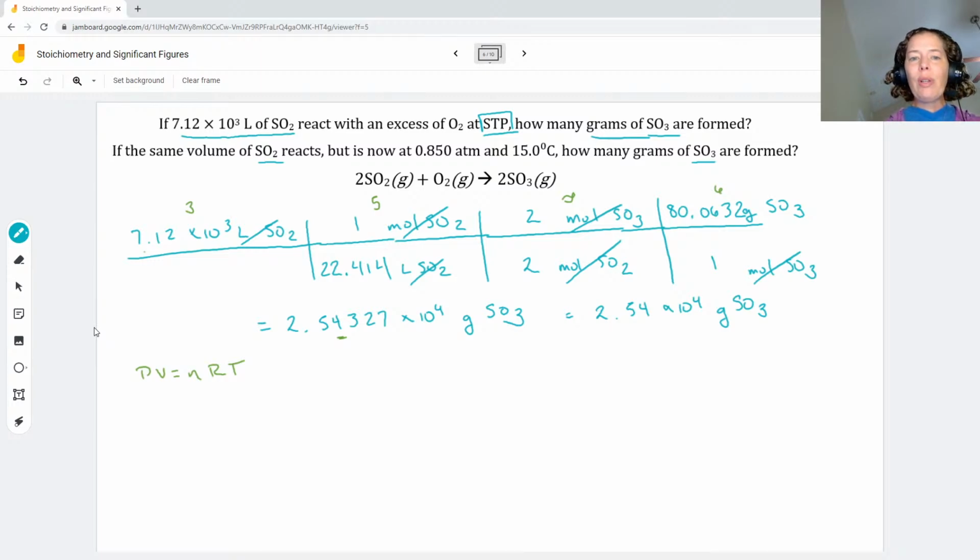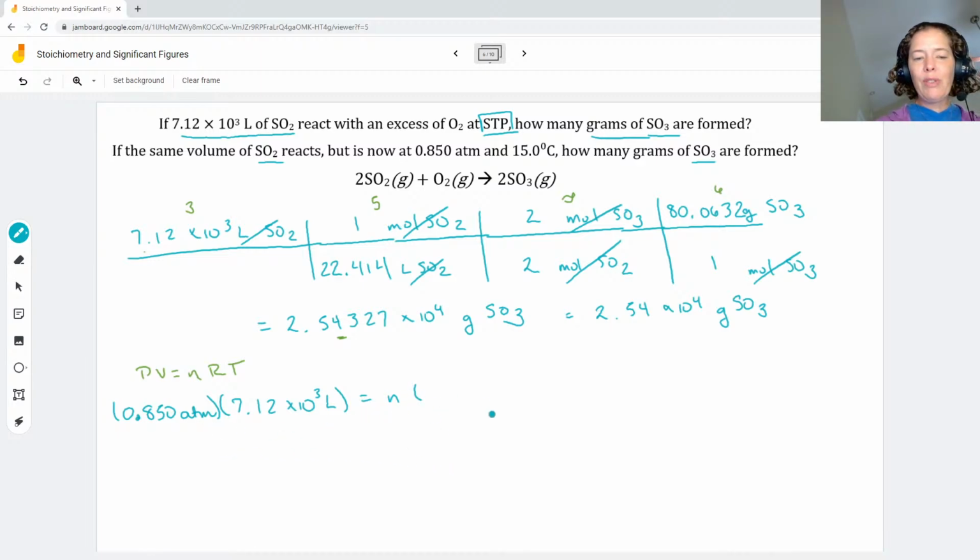So let's plug in what we've got. We've got a pressure here, which is 0.850 atmospheres. We have the same volume that we had before, 7.12 times 10 to the 3rd liters. This is going to give us our number of moles and our R value.